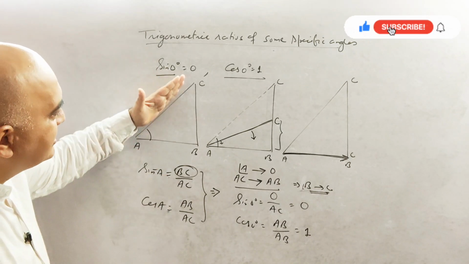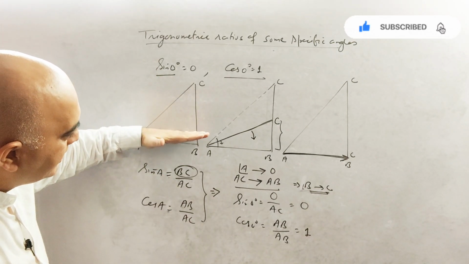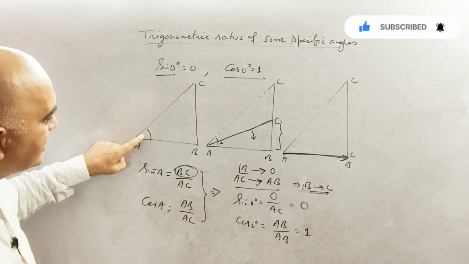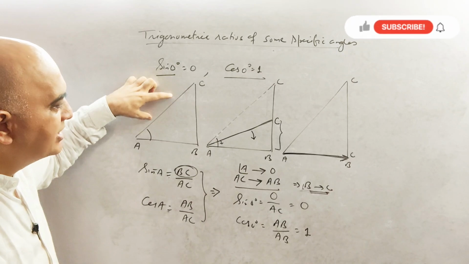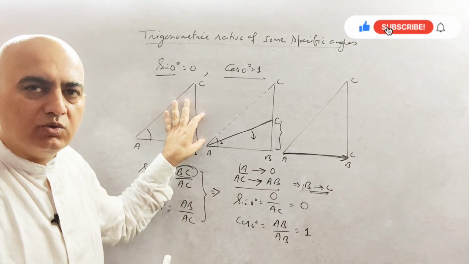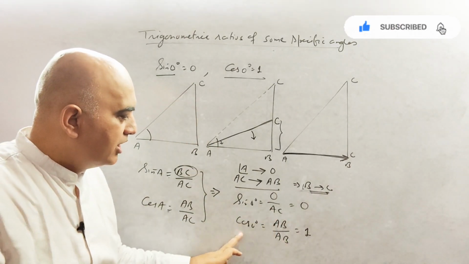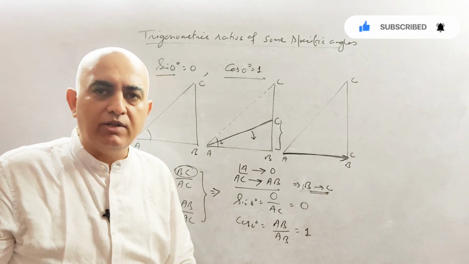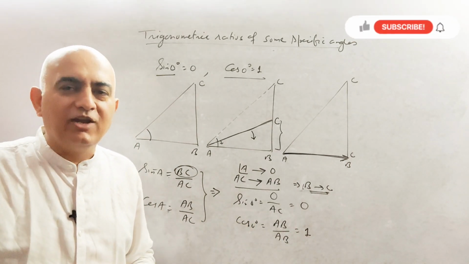Whenever the hypotenuse AC approaches towards AB, this angle becomes 0 and the AB side becomes equal to AC, and BC diminishes, approaching 0. By virtue of which we obtain sine of 0 as 0 and cos of 0 as 1.